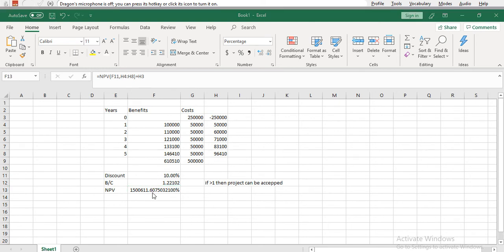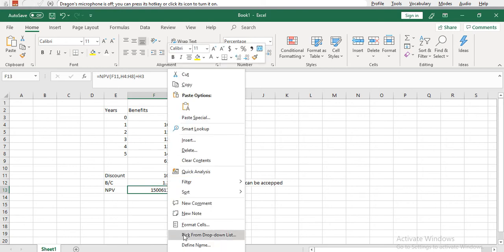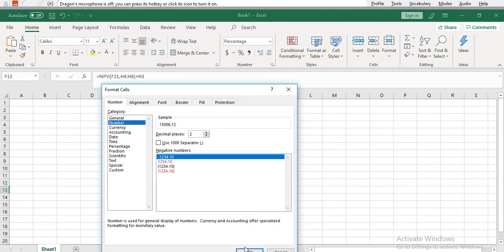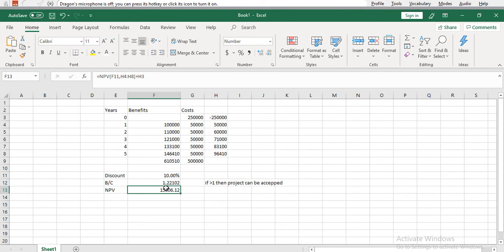Here we got too many decimals, so let me reduce the decimals. And this is not a percentage, this is a number.